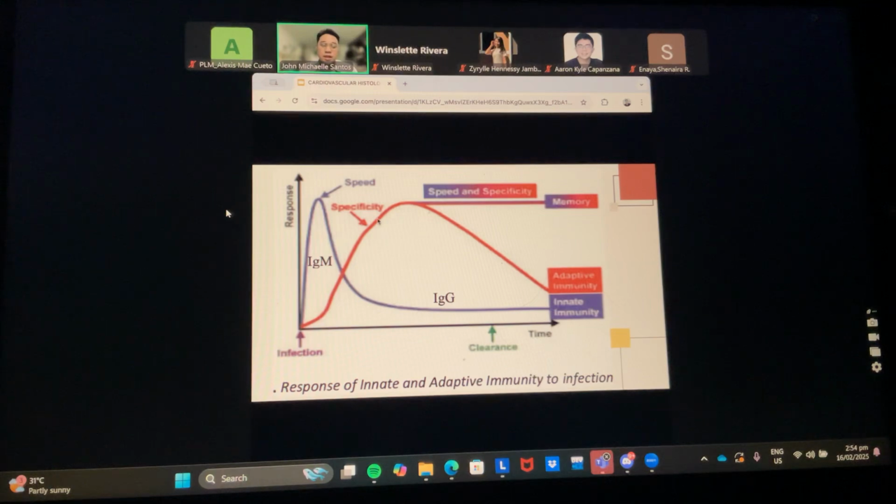So this is a graph showing you the rise and fall of your antibodies. So in an initial infection, say dengue, when you get dengue, the first to rise is IgM. Okay?